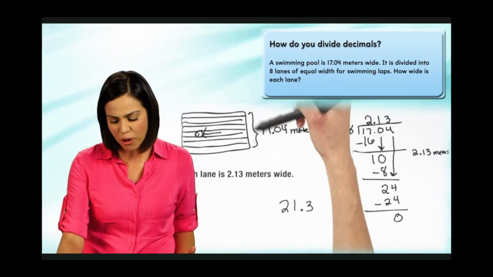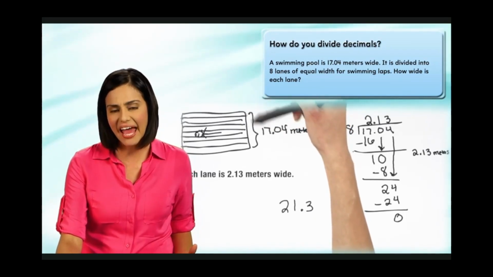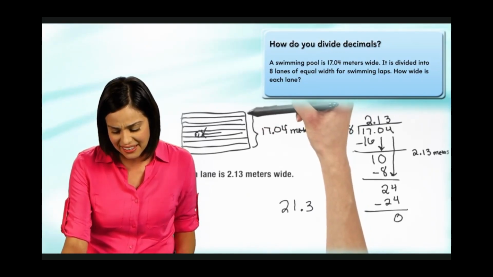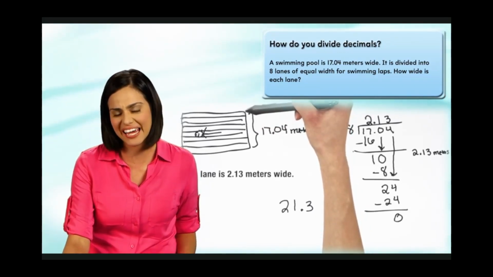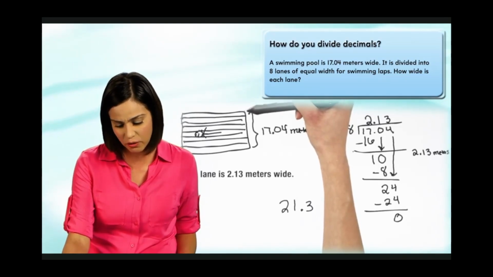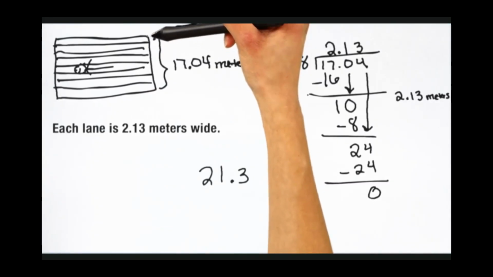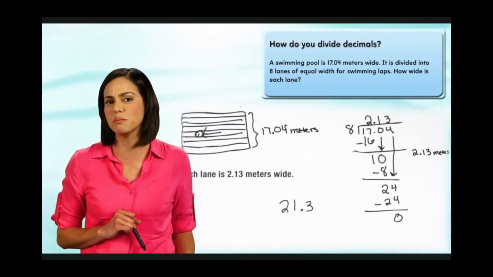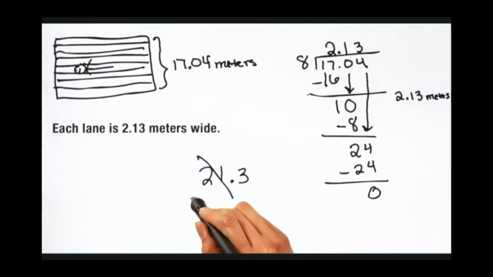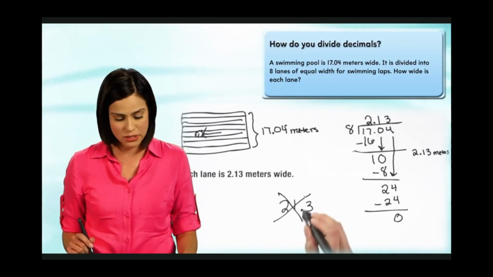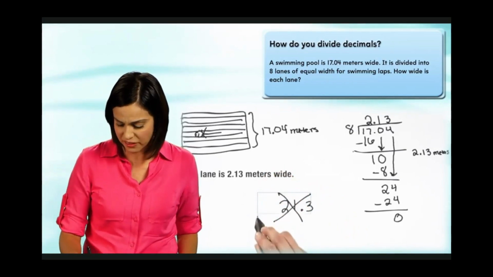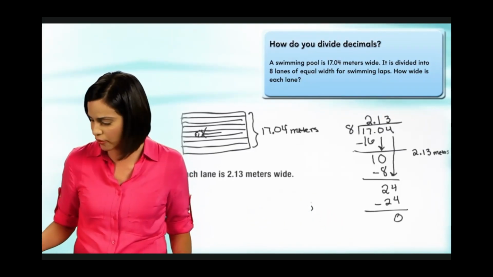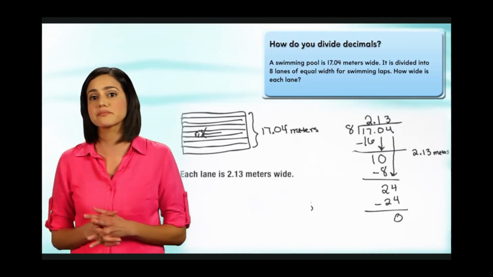The width of our pool is 17.400 meters. How can the width of each lane be greater than the total width of the swimming pool? It can't. That doesn't make sense. So this would not be our answer.